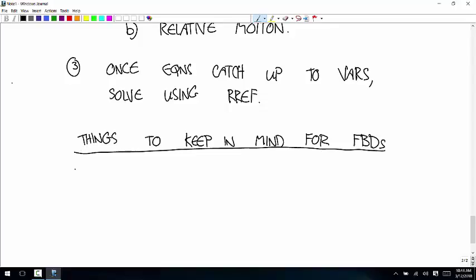So first of all, using this notation is really helpful.